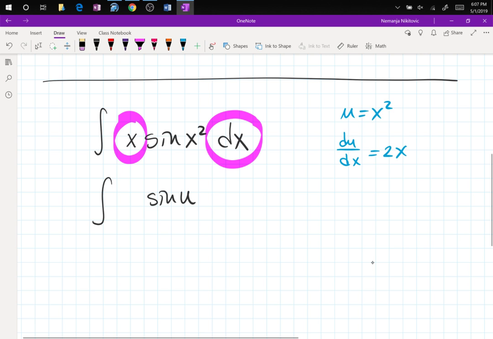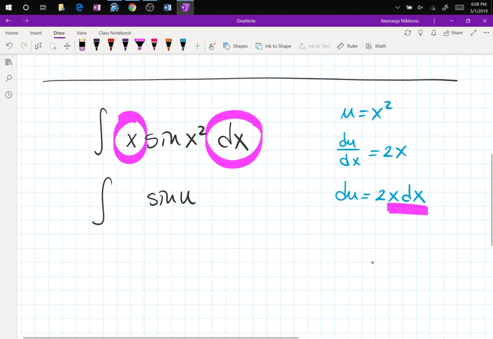So, these are the two things that you have to remove. Do you have enough building blocks to remove them? And you already said yeah. Because du is equal to 2x dx. So I hope you see x dx there. So what's the only thing that is bothering you? The 2.